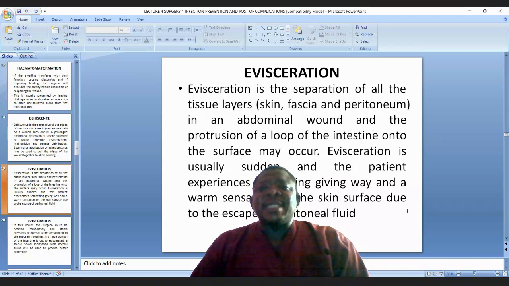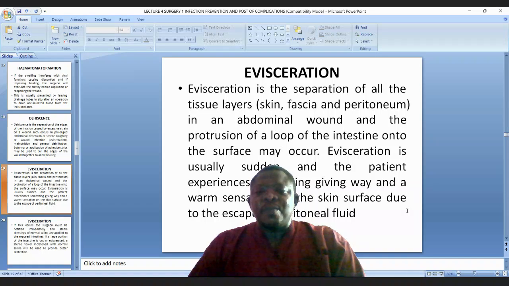they feel like there's some fluid escaping from the wound area. So in evisceration, some viscera or internal organs start to protrude on the incision area because of buildup of pressure within the abdominal cavity.